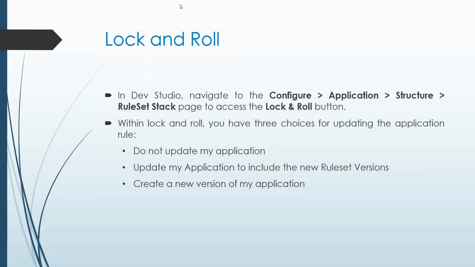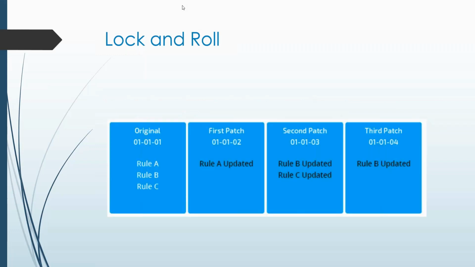Now, let me just show this particular thing here. In the simple scenario, the original or base version, 01-01-01, for example, has three rules: Rule A, Rule B, and Rule C. After your initial version, 01-01-02 only has Rule A being updated, whereas Rule B and Rule C are still part of 01-01-01.